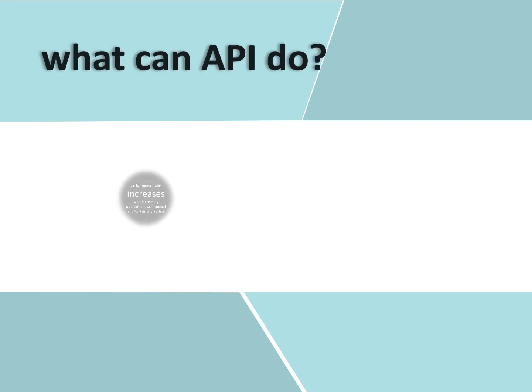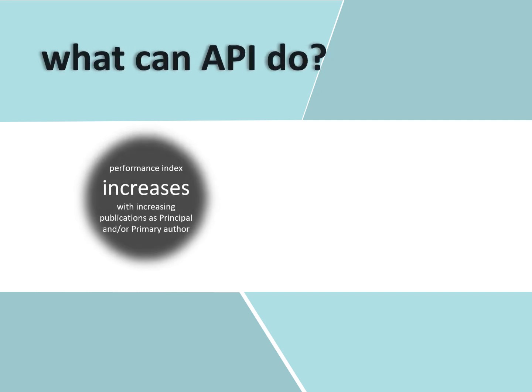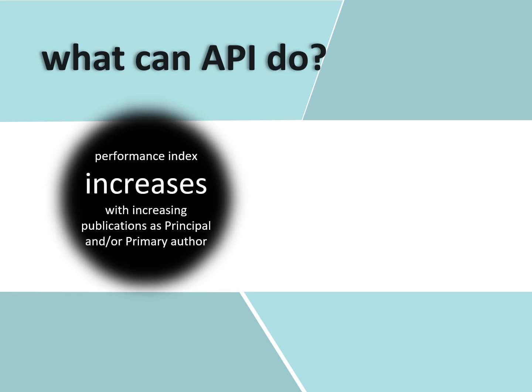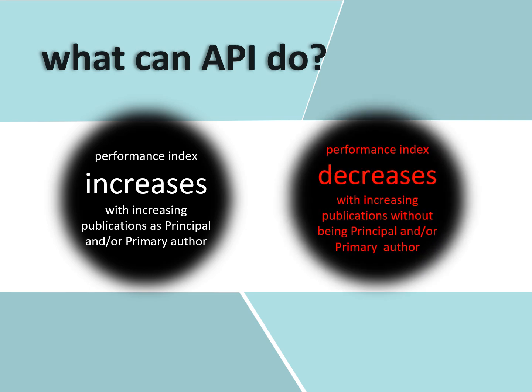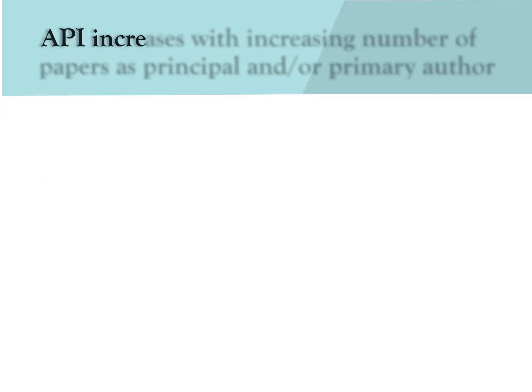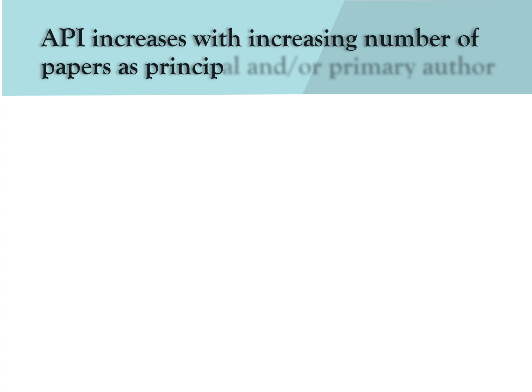According to this equation, performance index increases with increasing publications as principal and or primary author. In other words, the equation shows performance index decreases with the increasing publications without being principal and or primary author. Let us see how API increases with increasing number of papers as principal and or primary author.